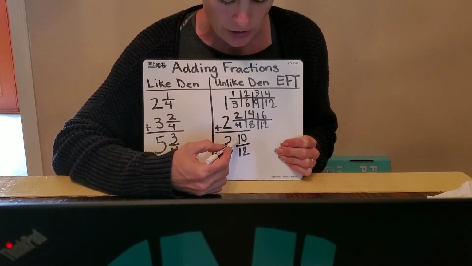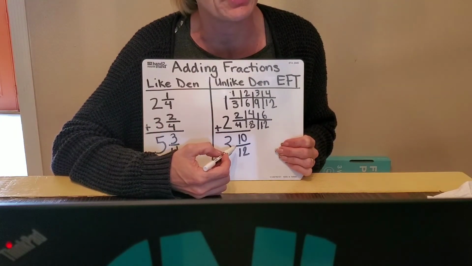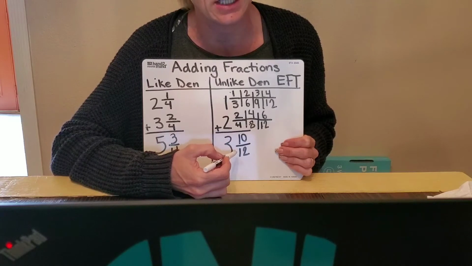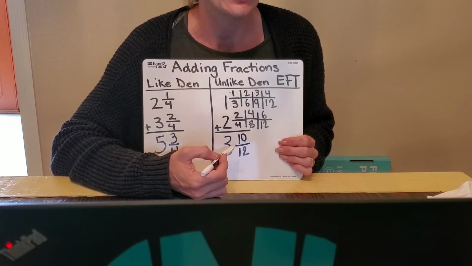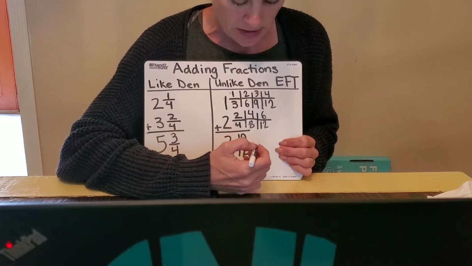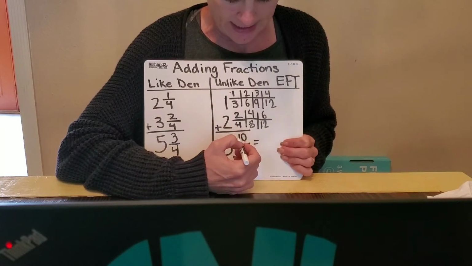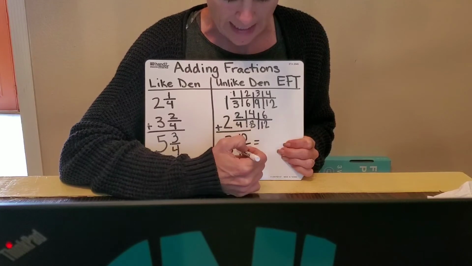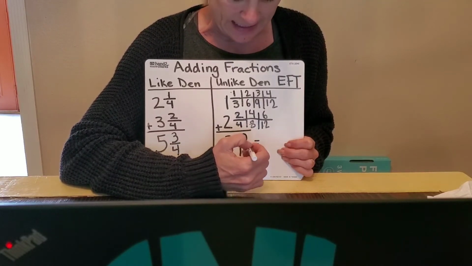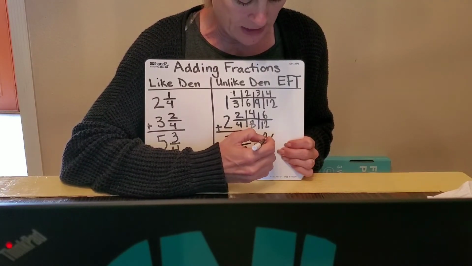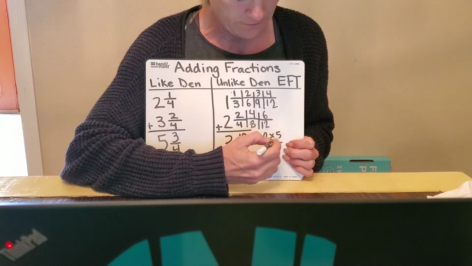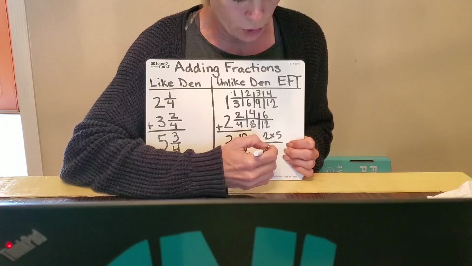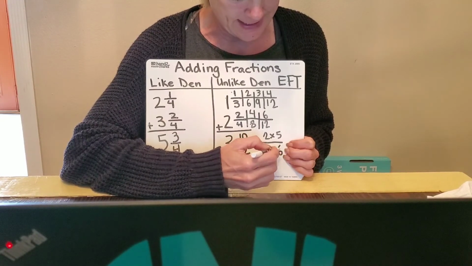Okay, now this is where we really get tripped up. Right here, we have 2 even numbers in the numerator and the denominator. That means that this is not simplified to its lowest form. So the way we do this is we say, I know that they can both be multiplied by 2. So 10 is 2 times 5, and 12 is 2 times 6.